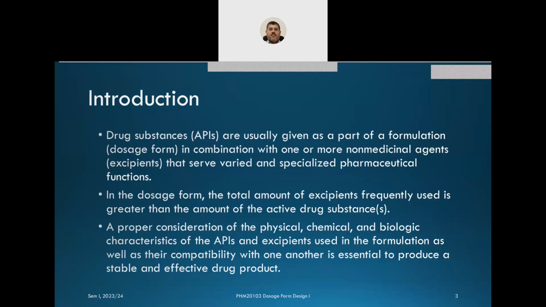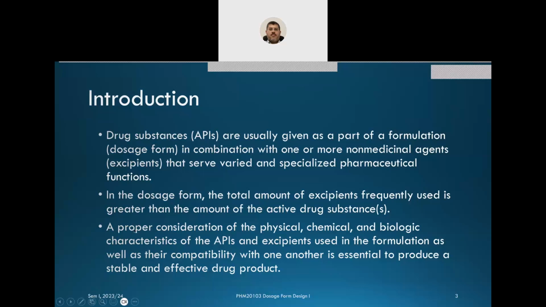So the rest, about 4.75 grams, is excipients. Okay? So frequently, the amount of excipients in the dosage form is much more compared to the amount of the active drug substance, or what we call API.